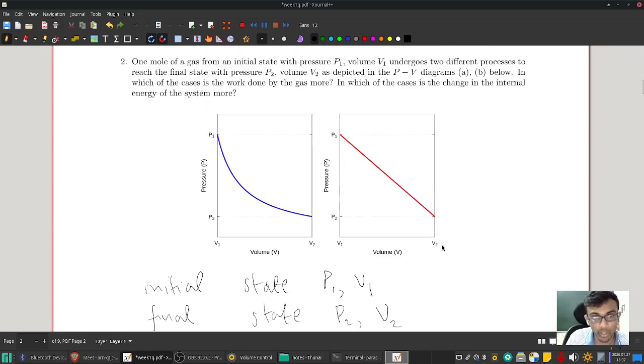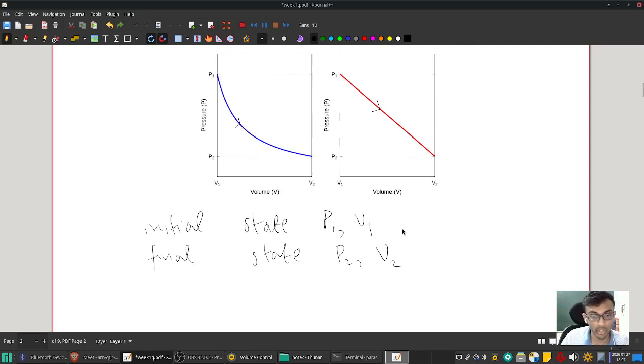The question is, we have to compare the work done by the system. The gas expands, so its volume increases in both these cases, and the gas does some work on the surroundings.